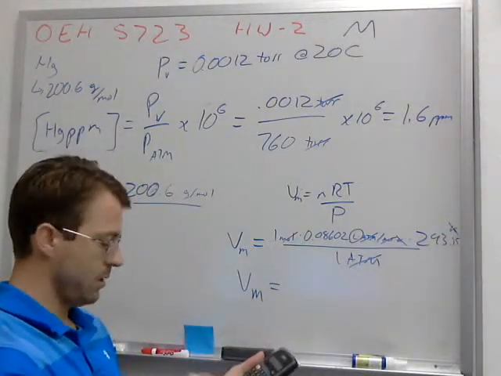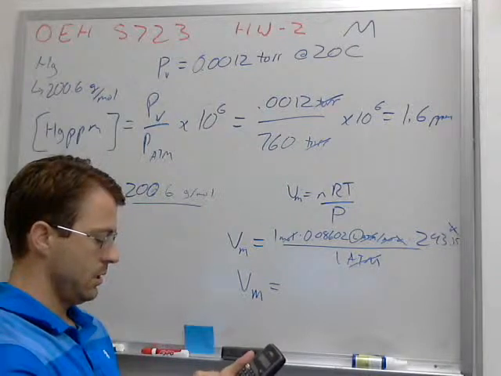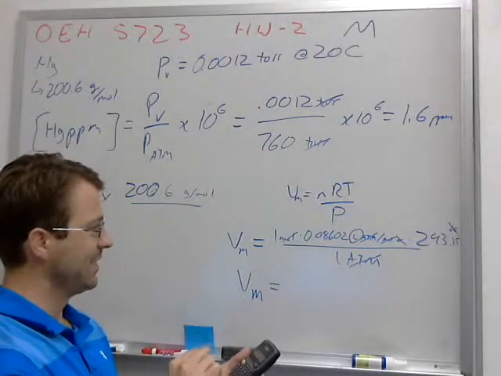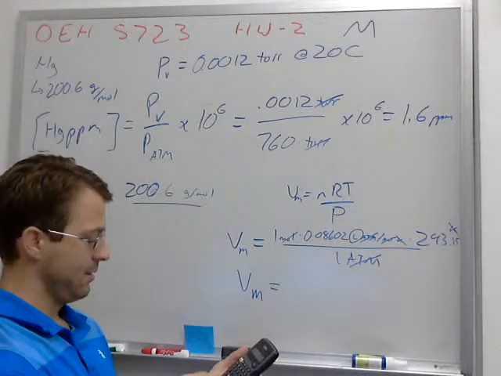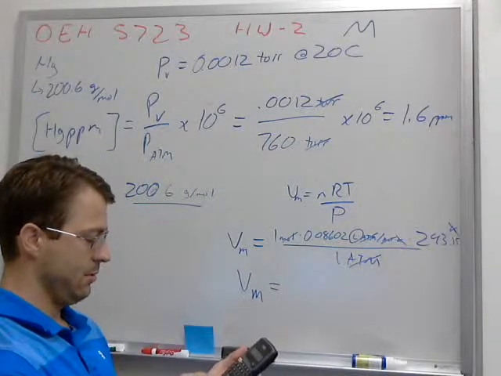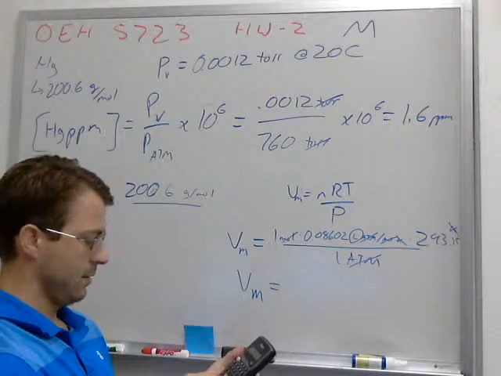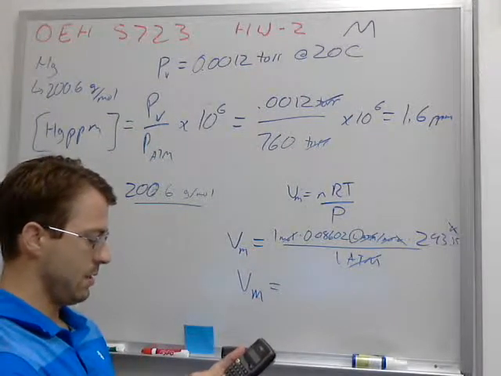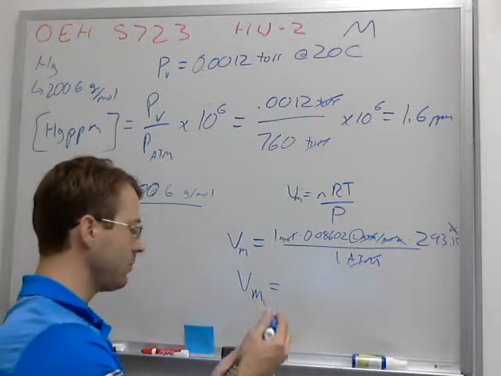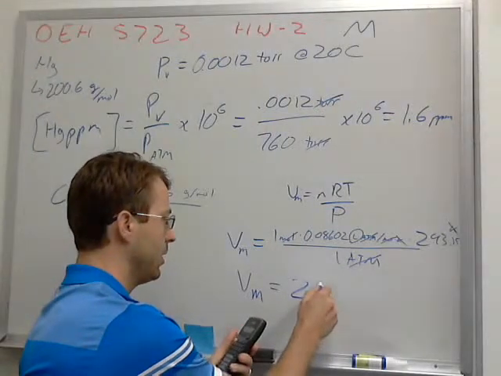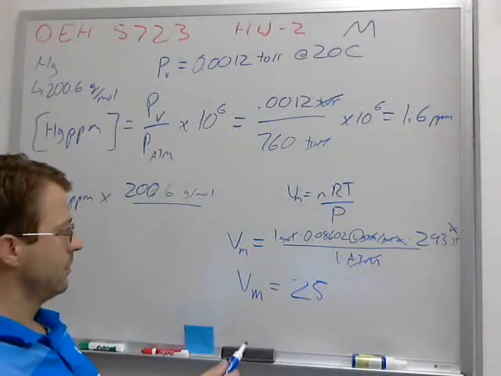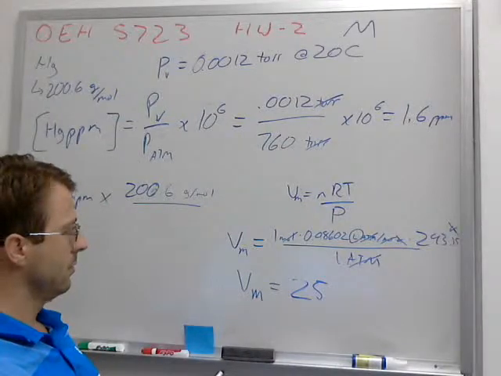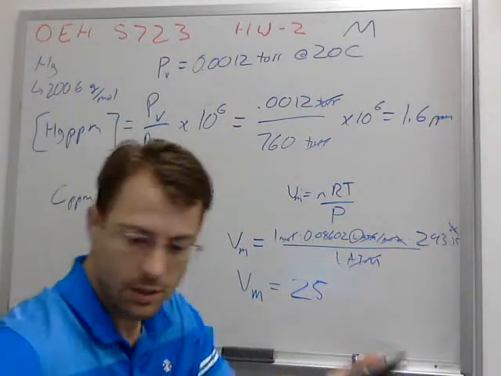So I'll type this out real quick. 0.0 8206. Keep it down over there, Whit. 0.08602 times 293 divided, that's it. So 25, no, I'm not doing something right. Now what's my gas constant?